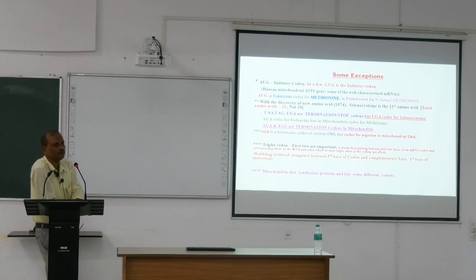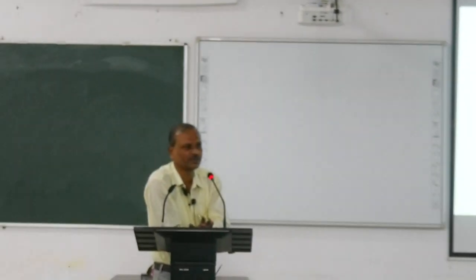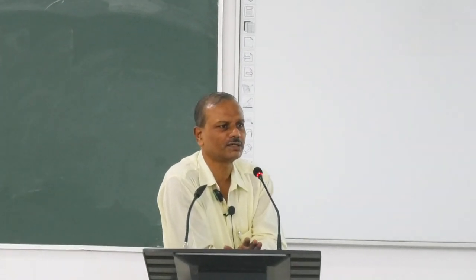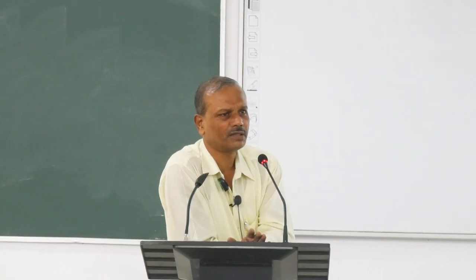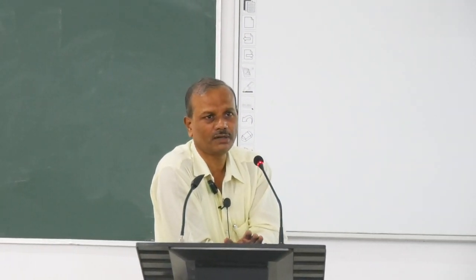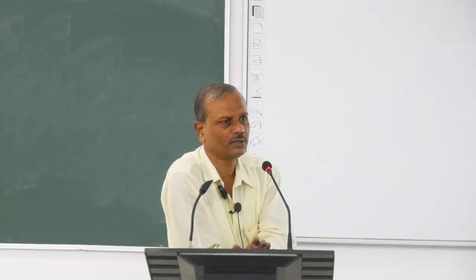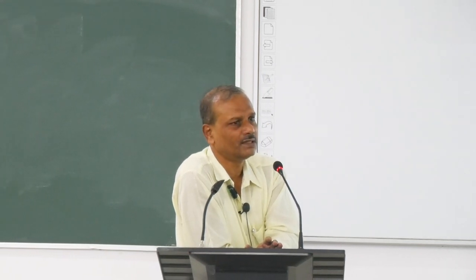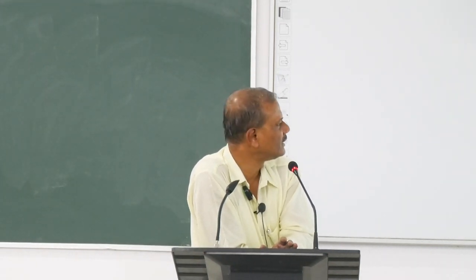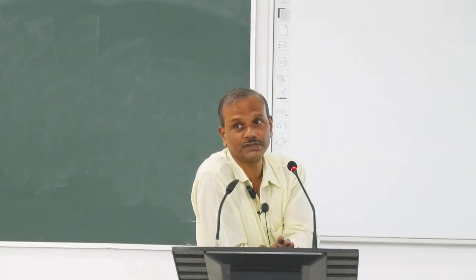Similarly, we all know that there are 21 amino acids. But even when we were MBBS students or MD students, we used to be told that there are 20 amino acids. But selenocysteine was discovered way back in 1974. It is an additional, 21st amino acid, and for that there is a separate codon. UAA, UAG and UGA are the 3 termination or stop codons, but UGA codes for selenocysteine.